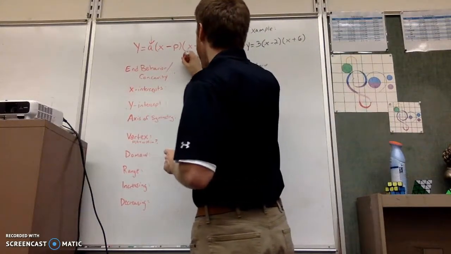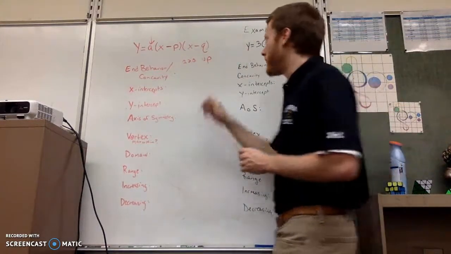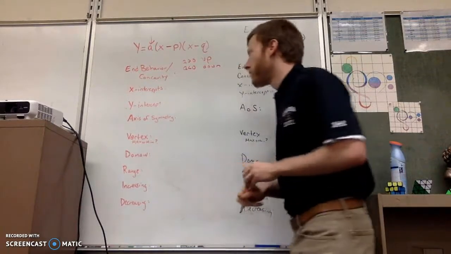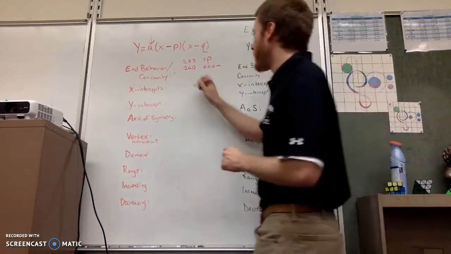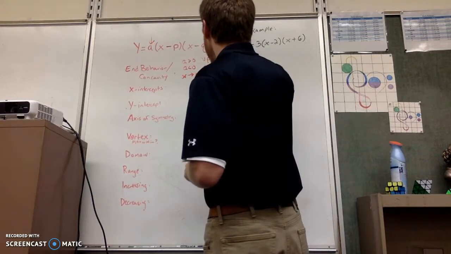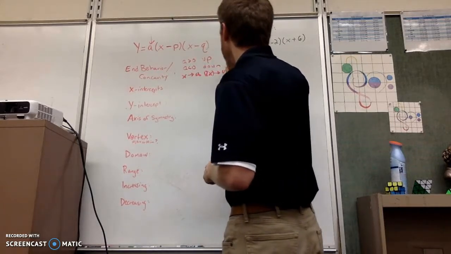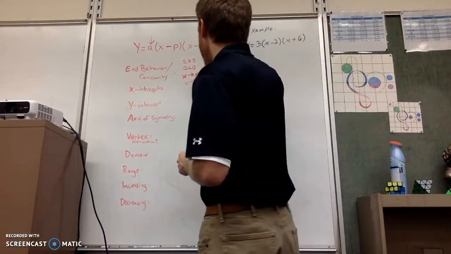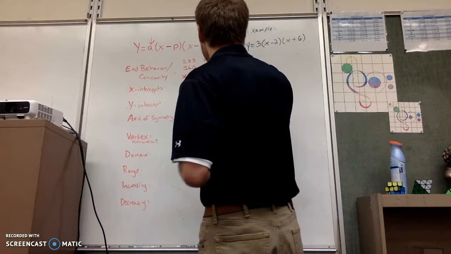If a is greater than 0, then it's concave up. If it's less than 0, it's concave down. And then the end behavior goes like this: as x approaches infinity, f of x goes to positive infinity if it's up, and the same thing for negative infinity, f of x goes to positive infinity.